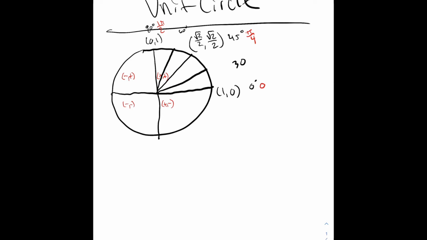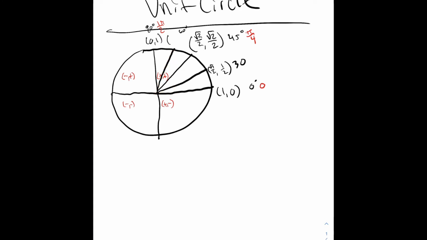So if I think about 30, I know that I have two choices. I have the square root of 3 over 2 and 1/2. And I know that in this triangle right here, the 30-degree triangle, my x is longer. I'm going further out than my y. So this is going to be the square root 3 over 2, because that's greater than 1/2. Whereas when I look at this triangle, I'm rising more than I'm running, I'm moving vertical more than horizontal.